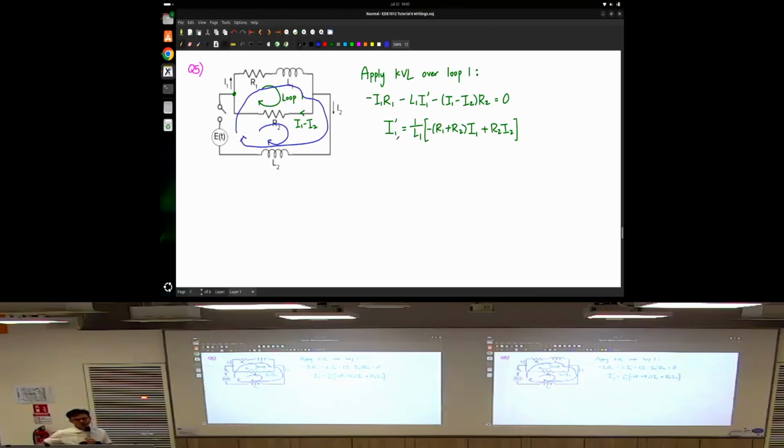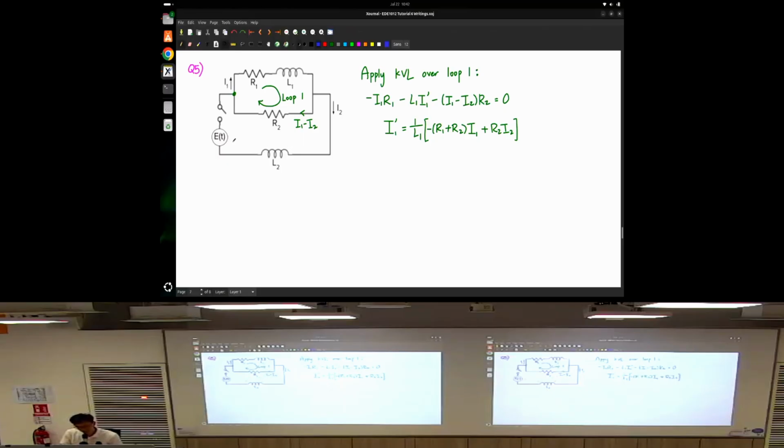If you do, you will need to substitute one of the prime terms into the other equation to simplify, or else you cannot put it in the form I prime equals AI, that kind of system. So we should try to avoid two primes in one equation. Therefore, I'm not going to pass through L1, since I just passed through it already. So now I pass through L2 without passing through L1.